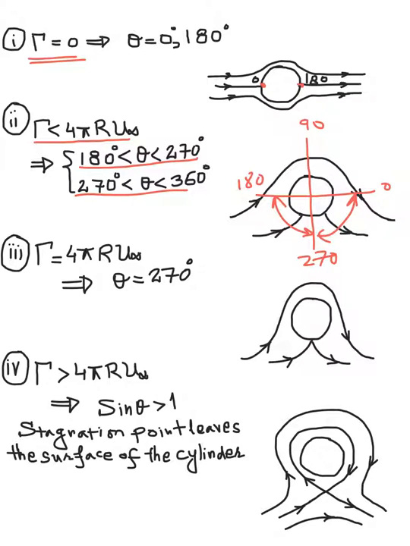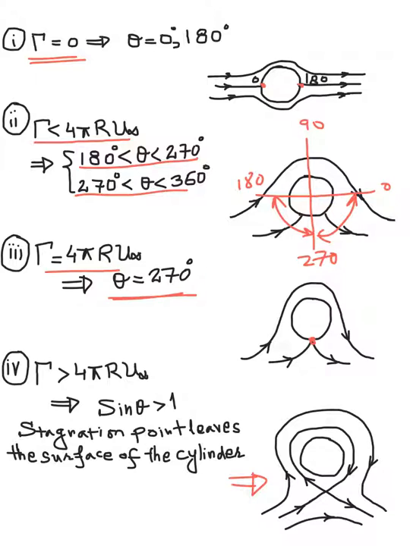Third case, when circulation becomes equal to the denominator, in that case only one stagnation point will exist, which is here. Now fourth case, when circulation becomes greater than the denominator, in that case the sine theta value will be larger than 1, which is not possible. So it means that the stagnation point will leave the cylinder, as you can see from this figure.